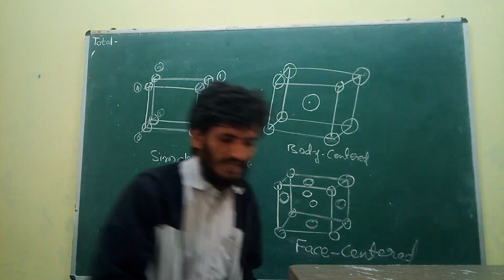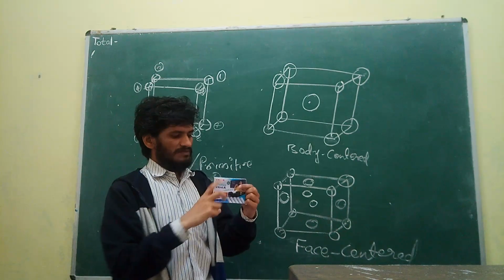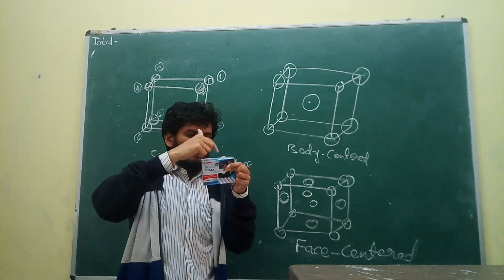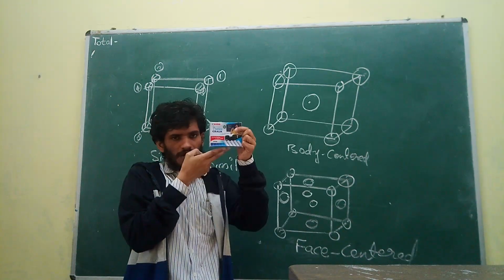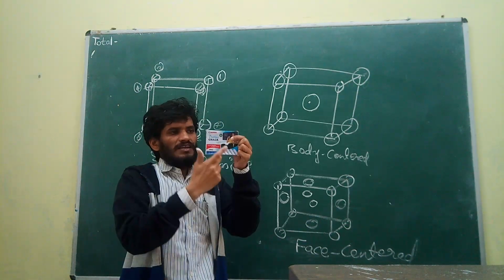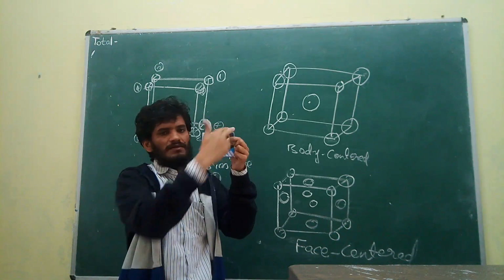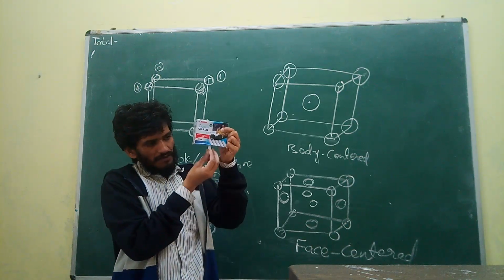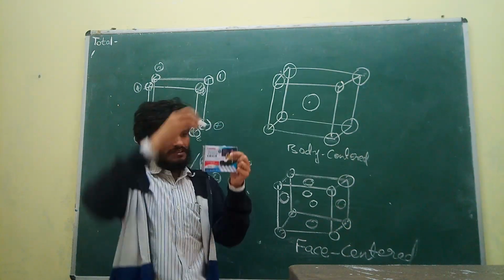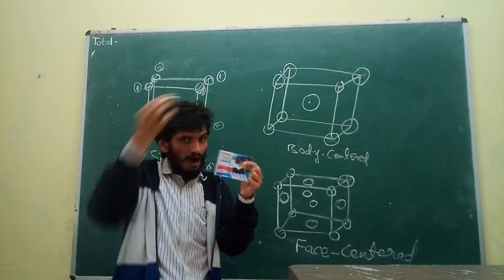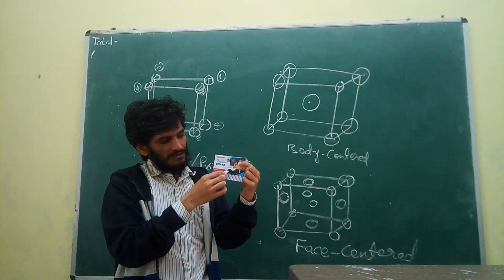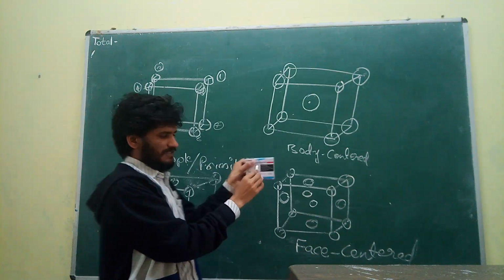Meaning, see here, the lattice points may be in the middle of this face, or the opposite of this face, which is the bottom. So these are quite opposite faces, top and bottom. So 1 point here, in the middle of this face, another point in the middle of this face. Or you may take this face, and the quite opposite face is this back side.